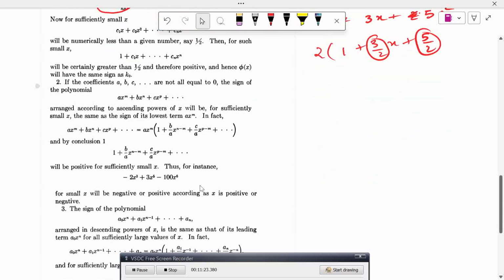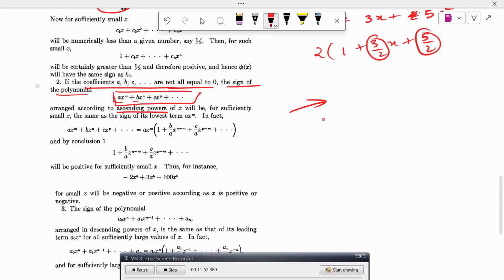Now the second result. Suppose the coefficients of these x powers are not all 0. We consider the sign of this polynomial where it is arranged in ascending order, meaning increasing order. So what is the sign?